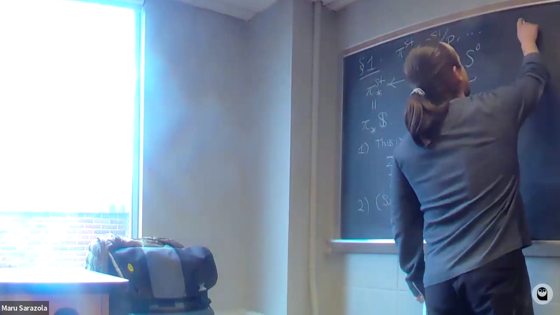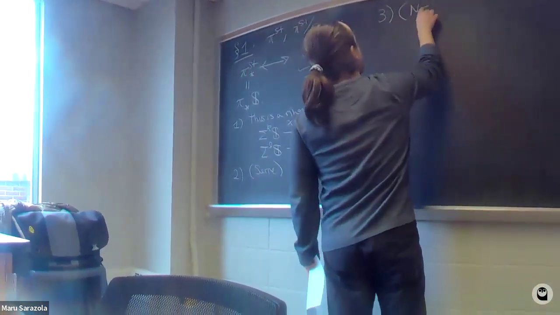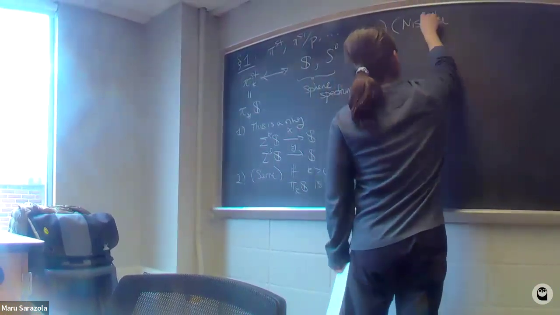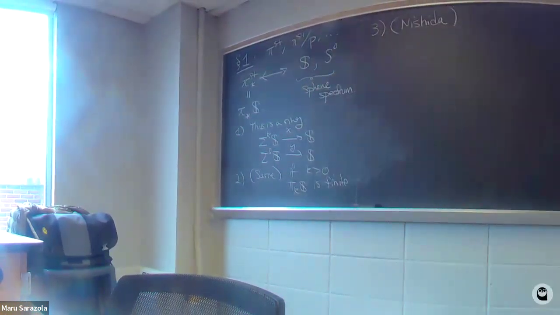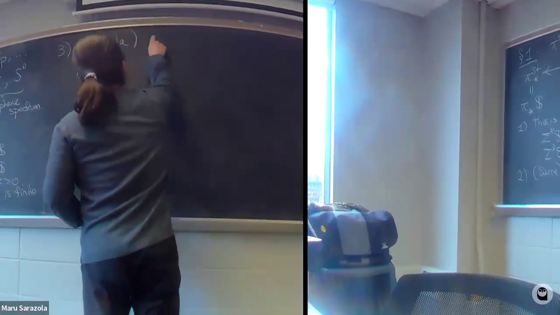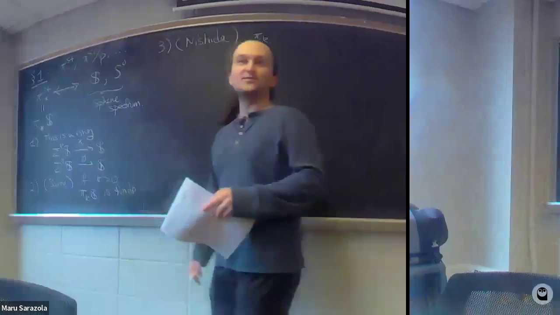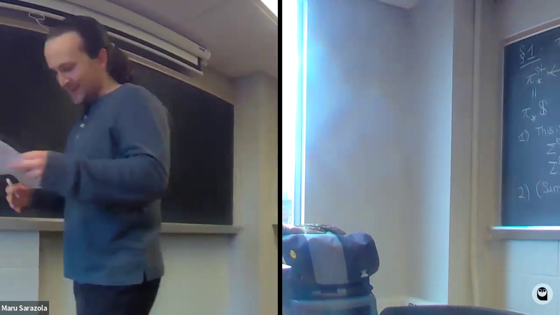And another fact that we know about this is a result due to Nishida, I think from the early 70s, if I remember my dates correctly, but I could be wrong. You would love that this ring is nice, like maybe it's Noetherian or something, but unfortunately that's not the case.